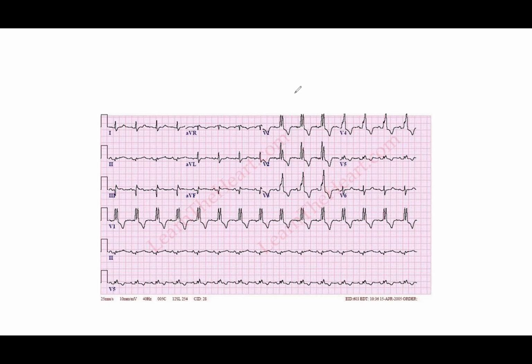Well, if it goes in a positive deflection in V1 above the baseline, and then you have a slurred S wave in lead 1 and a slurred S wave in V6, you have a right bundle branch block. It doesn't always have to have the bunny ears. Sometimes they do, sometimes they don't. This would be a sinus rhythm with a right bundle branch block.